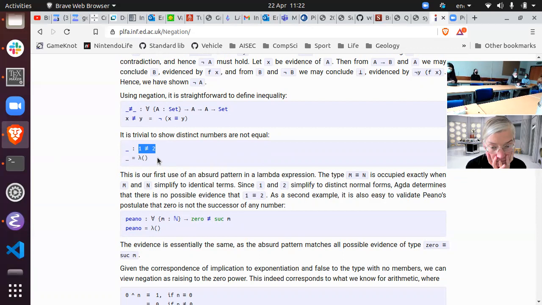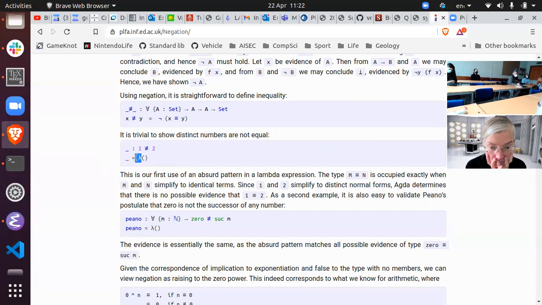Agda can automatically see syntactically that 1, which desugars to suc of 0, and 2, which desugars to suc of suc of 0, cannot possibly match that form. So it knows that there's no constructor of type refl valid there. So it knows that you can do an absurd pattern match here and derive the answer.